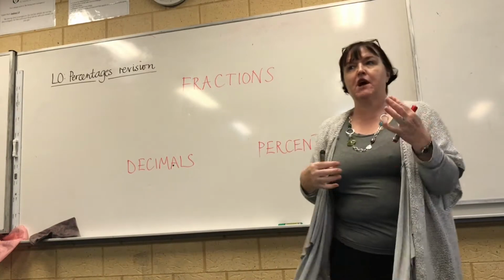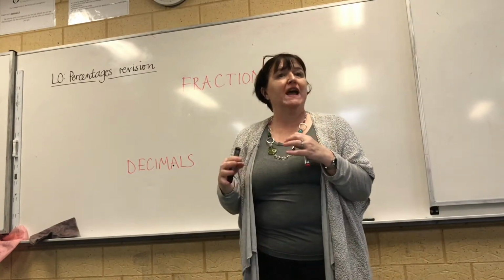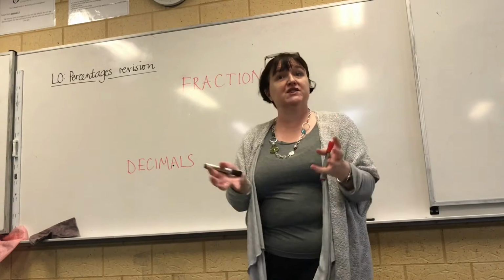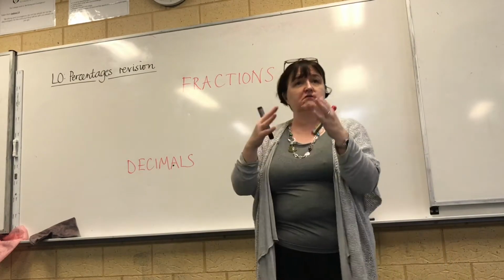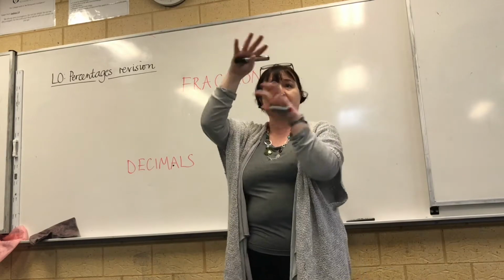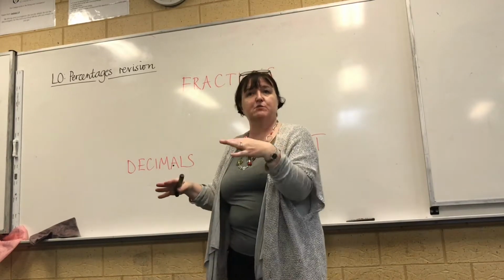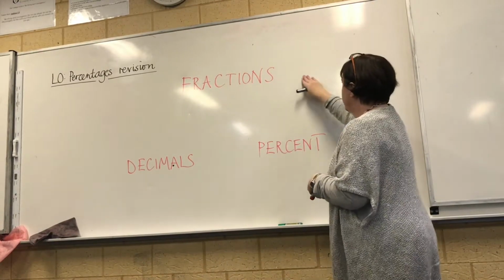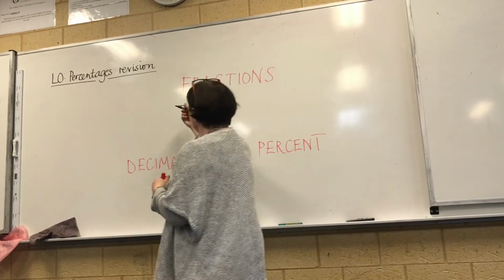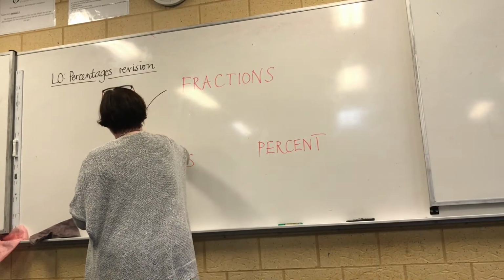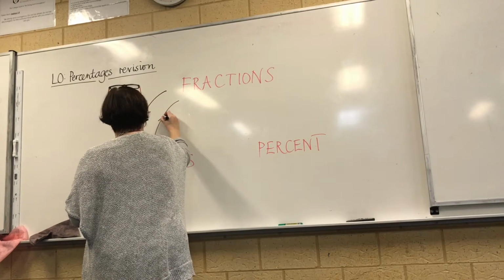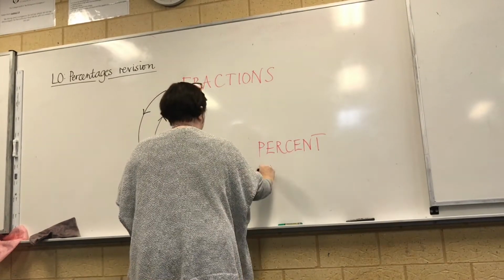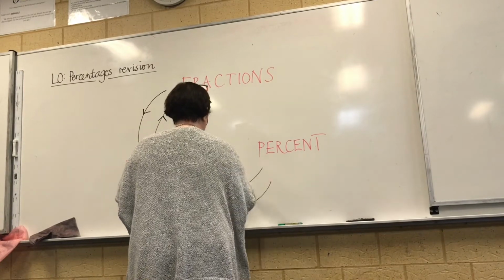So they are obviously our 3 ways of describing a part of something in maths. Fraction is expressed obviously as a numerator over a denominator, a decimal with a decimal point, and a percentage with a percentage sign, but they're all linked. So you need to draw some arrows going from one to the other and back.